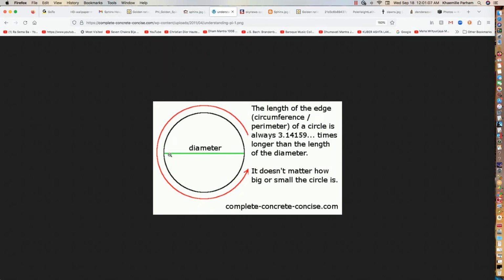You take this green string measure, it means you would need 1, 2, 3 green strings to encircle the black circle, plus a tiny bit more string than just 3. You need 0.14 of a string. You need 3 strings plus 0.14, tiny extra of the string. And then this whole circle will be in green.